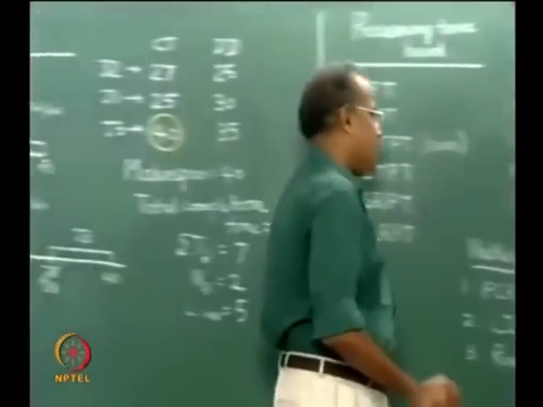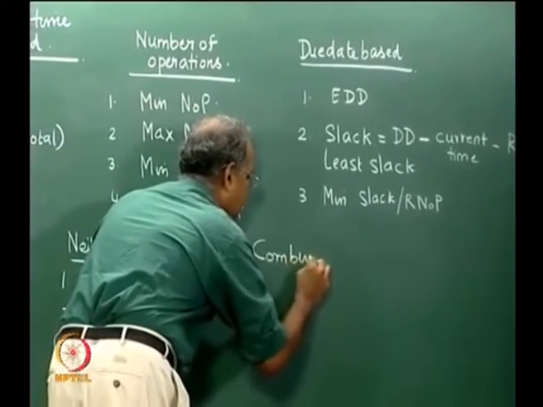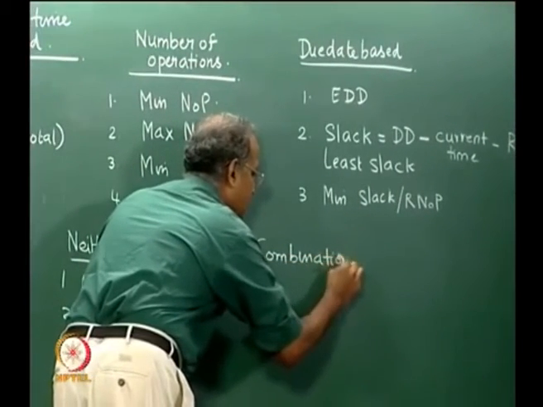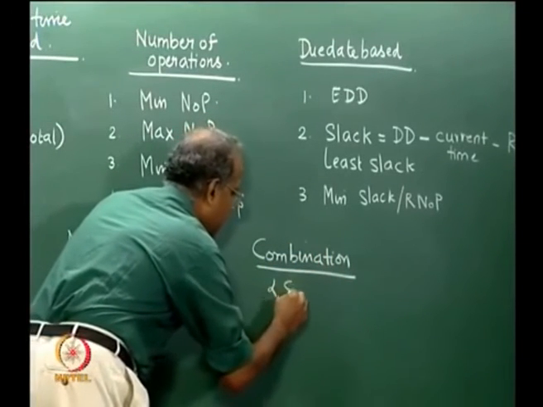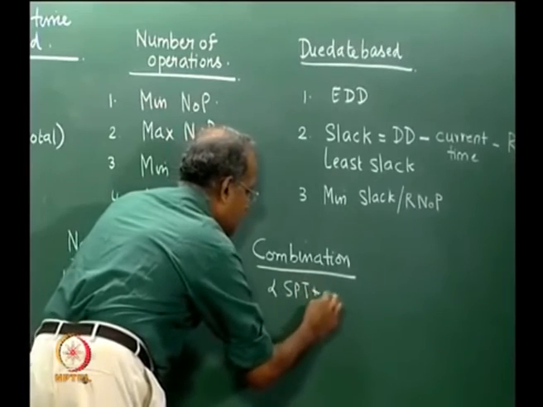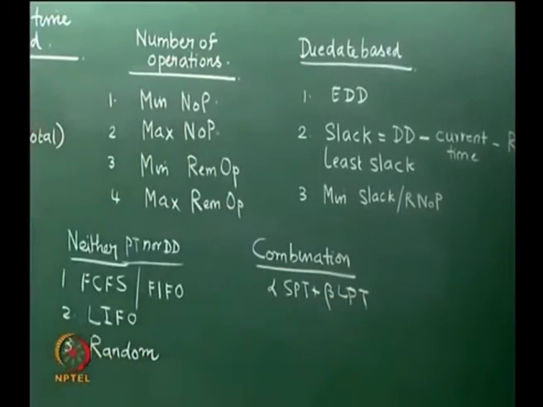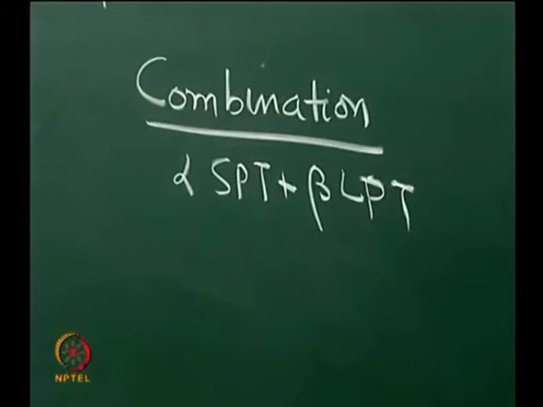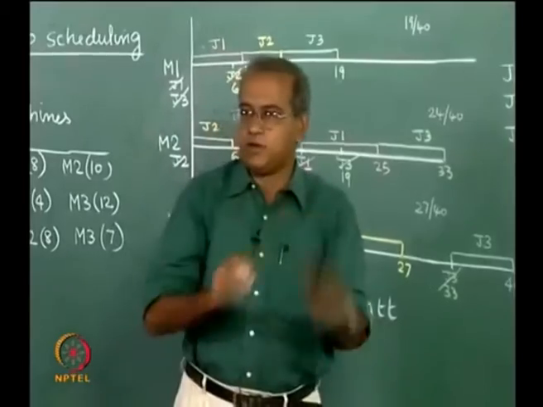Sometimes we could have other combination rules, where we could think in terms of some alpha into SPT plus some beta into LPT, where we could have weights, we could have weighted combinations and so on. We could have priorities, we could have all of them.